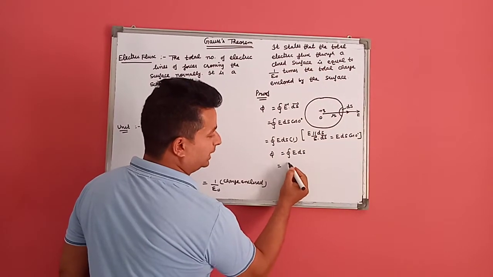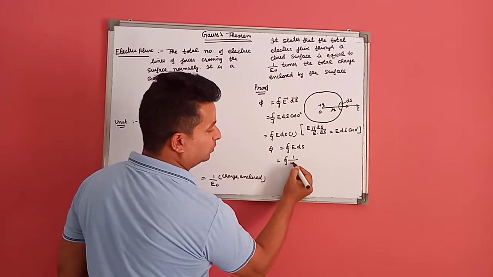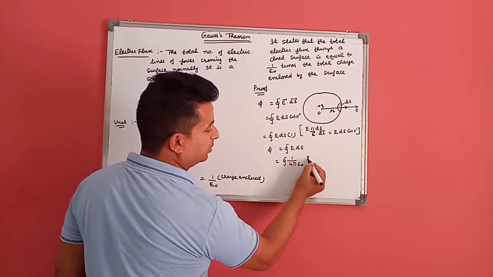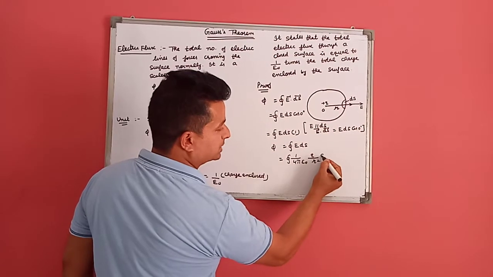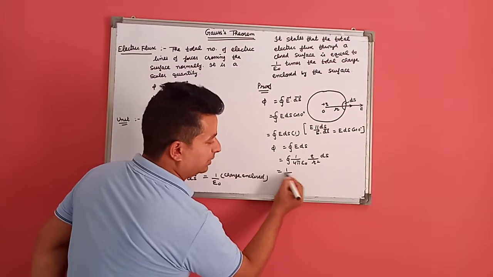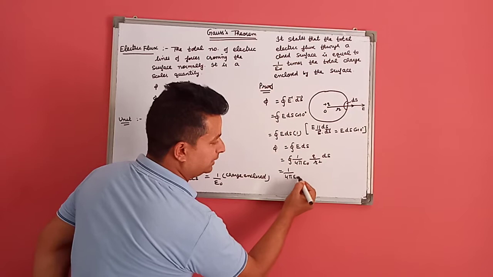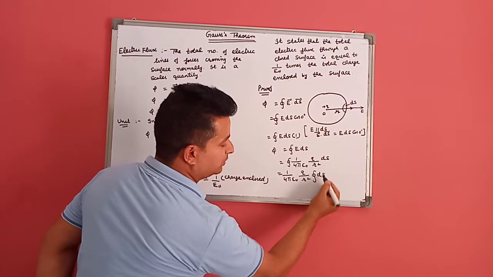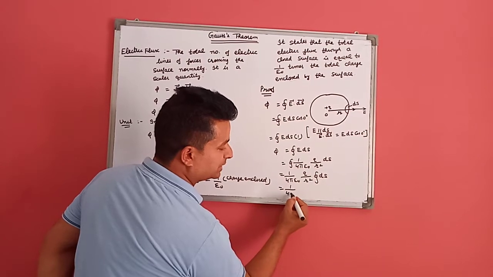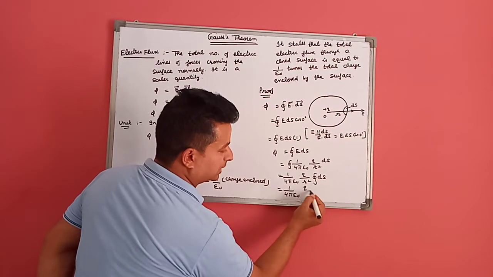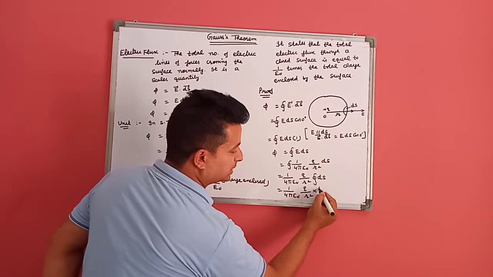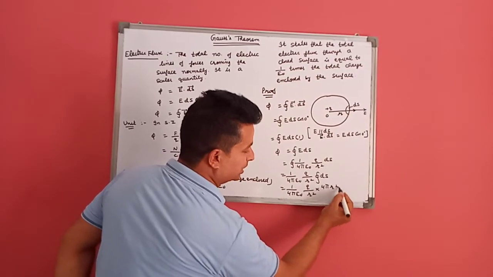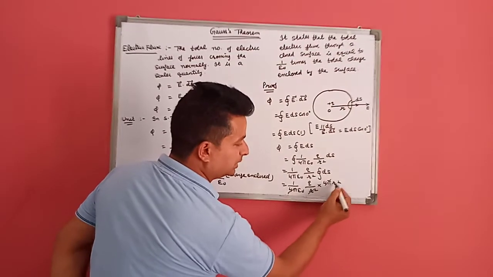As we know, electric field is equal to 1 by 4 pi epsilon naught q upon r square. This is ds. Take this constant outside from this integral. As we know, ds is the surface area. Surface area of sphere is 4 pi r square. This cancels out, this cancels out.